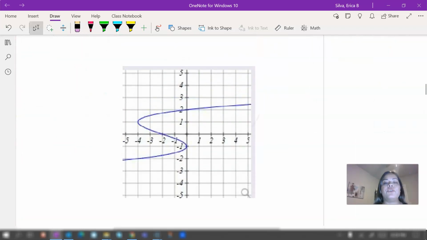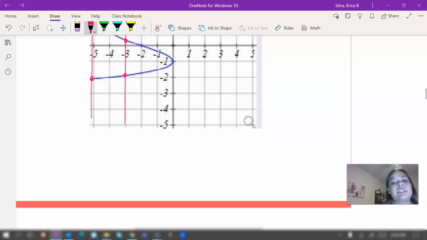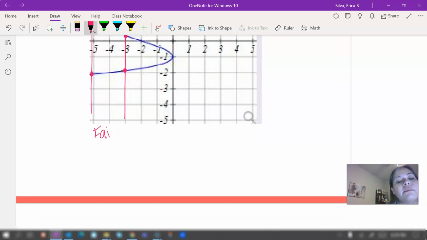Let's go on to this next example. Now, if you notice, if I draw a vertical line here, it's passing that vertical line test, but if I were to draw the vertical line here, we have 3 points where it intersects, which means that it fails the vertical line test. And because it fails the vertical line test, that means it is not a function.